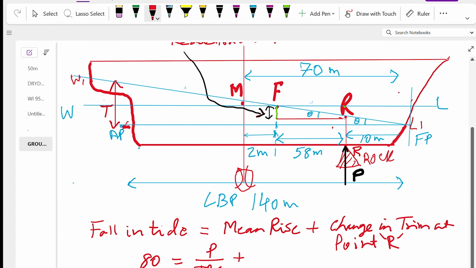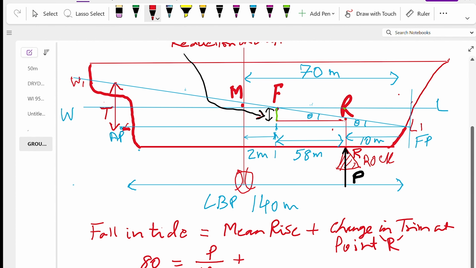What will be this change in the draft at location R? Rather, reduction. In this case, reduction because the ship is grounded forward of center of flotation. So upthrust force P is acting forward of center of flotation. So there will be a reduction in the draft forward, and also at this location R where she is grounded.